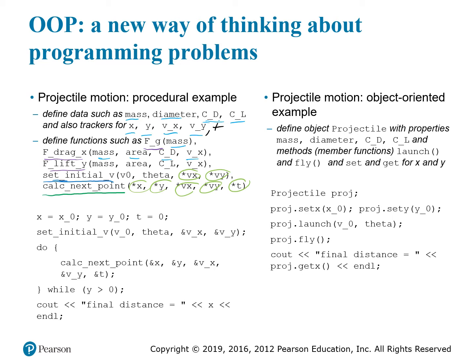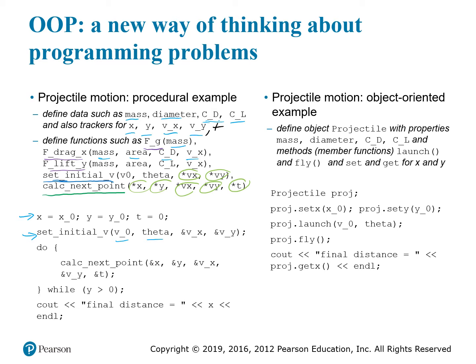You've already input from the user x0 and y0, the initial position, and you're setting time to equal 0. So we set our initial position and time. We set the initial velocity based on a launch velocity and a launch angle.